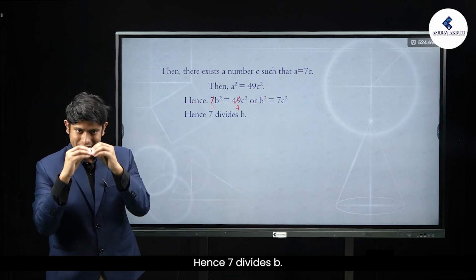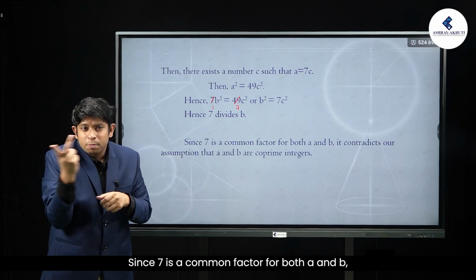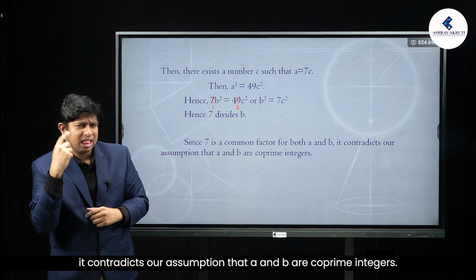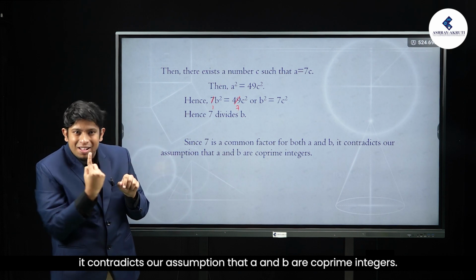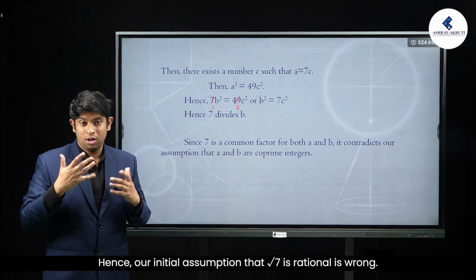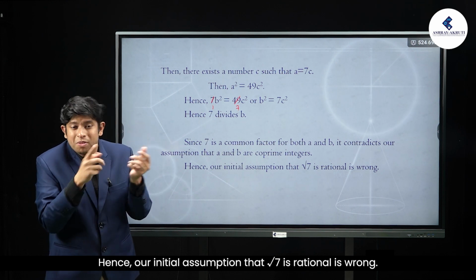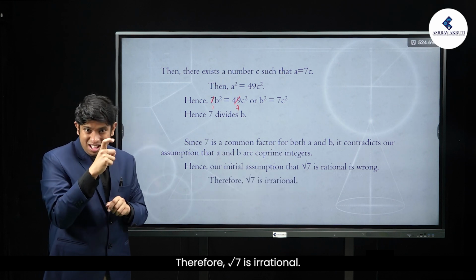Hence, 7 divides b. Since 7 is a common factor for both a and b, it contradicts our assumption that a and b are co-prime integers. Hence, our initial assumption that root 7 is rational is wrong. Therefore, root 7 is irrational.